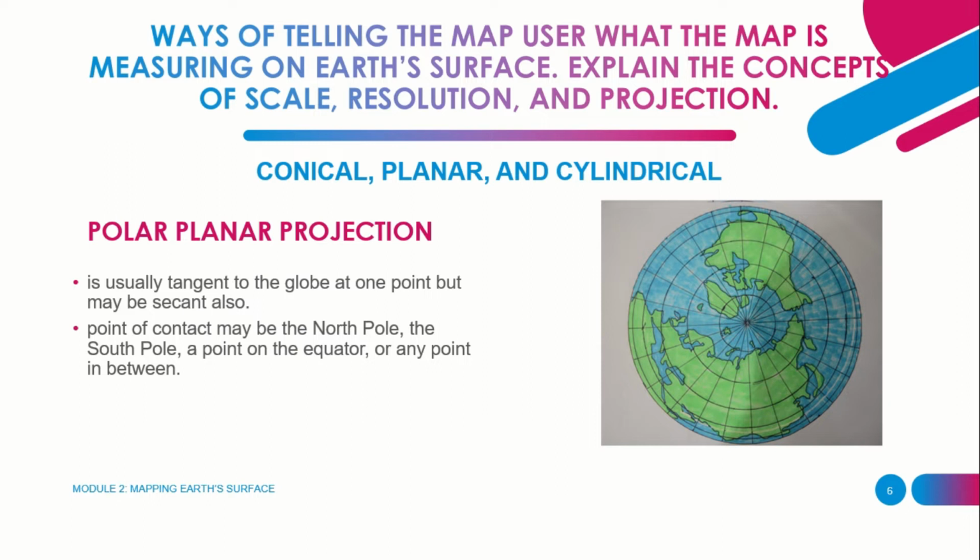This point specifies the aspect and is the focus of the projection. The focus is identified by a central longitude and a central latitude. Possible aspects are polar, equatorial, and oblique. The given illustration is polar. They are used most often to map polar regions.